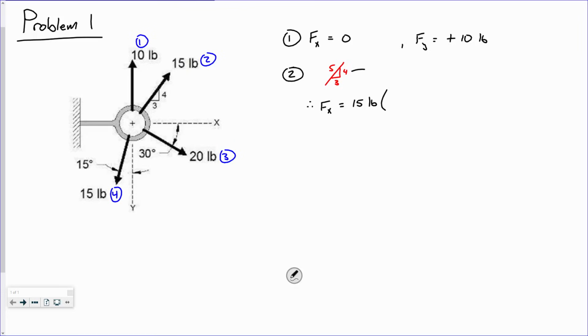Now remember, this is going with the vertical. So if I'm looking at the x, it'd be 3/5, right? The force is going more up than it is horizontally. So this is 9 pounds. Fy is 15 pounds times 4 over 5, that'd be 12.